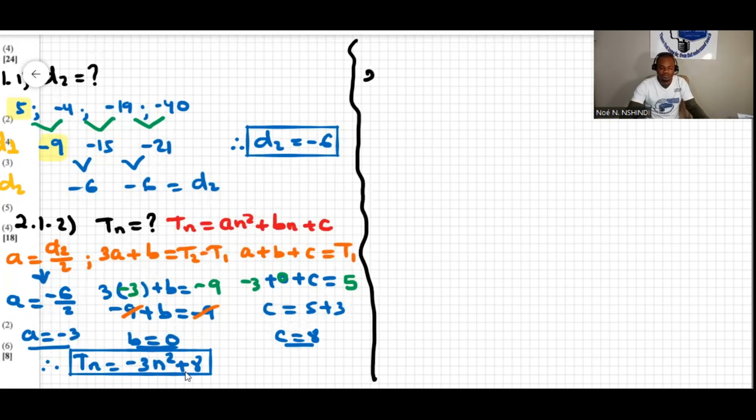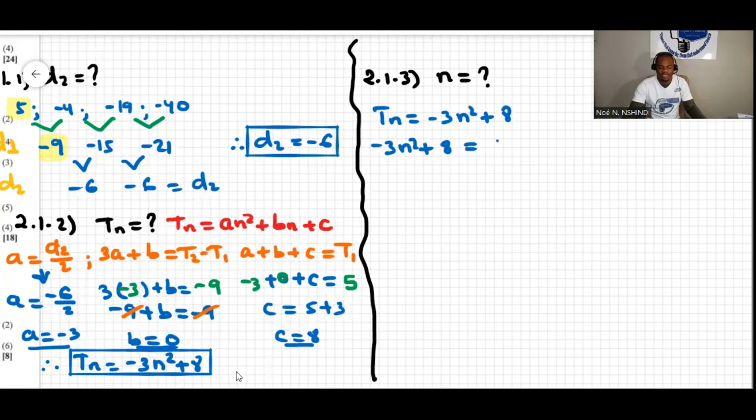So we are looking for a certain term n, a certain position n, which term will be equal to negative 25,939. Now we have Tn equal to negative 3n squared plus 8.